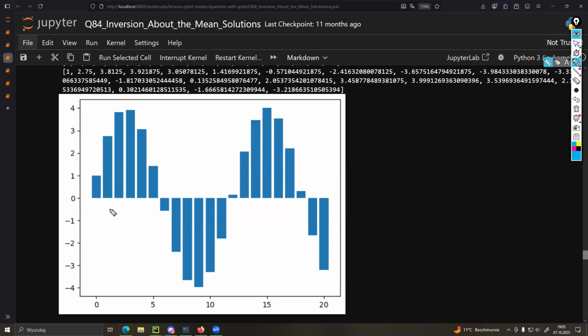And here, look at this. To get to the absolute top relative weight in our dice, let's say, we have to perform more operations of the inversion about the mean to actually get to our best probability scenario. But we also could have stopped slightly earlier and also be content with this one.